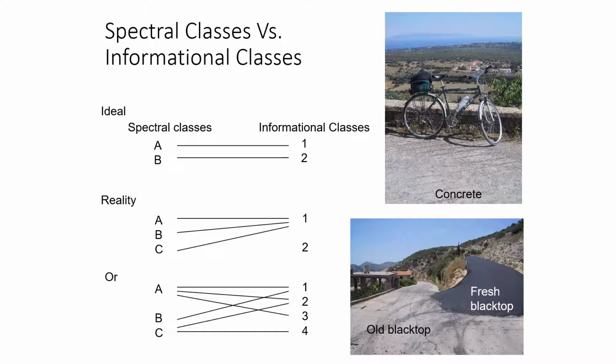Old asphalt versus new asphalt look like very different colors. So you have to really do a good job when you're classifying things, providing training, or grouping the classes that the software already chose. It's not as easy as it might look.